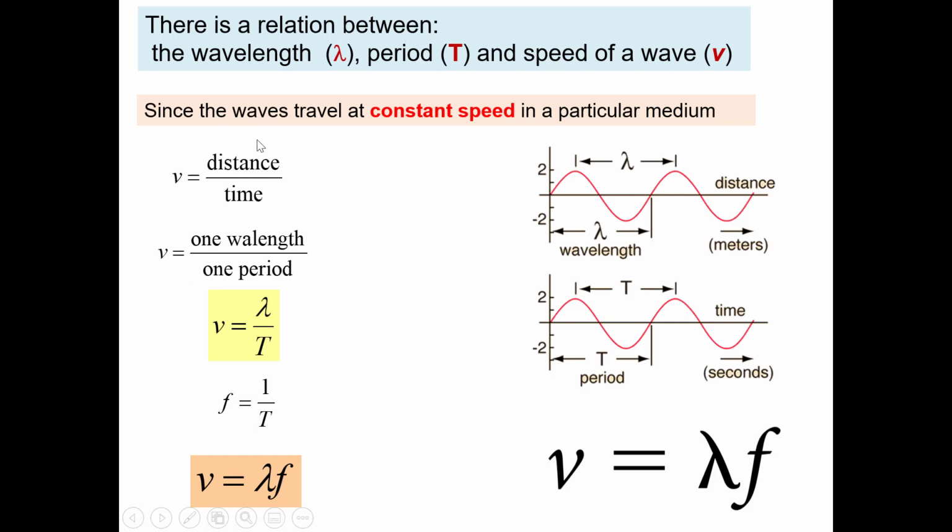The wave travels this distance in a special time, one period. That is, one wavelength is traveled in one period. Then this is the equation we can apply to describe the motion of any wave.